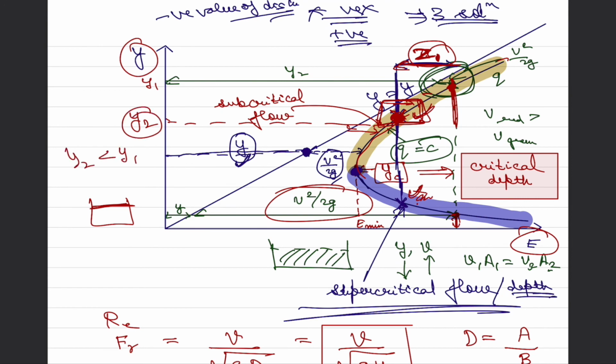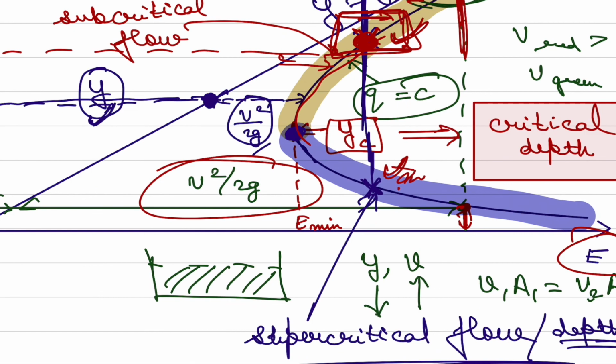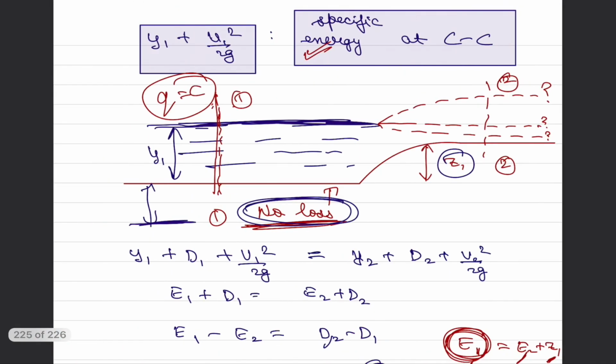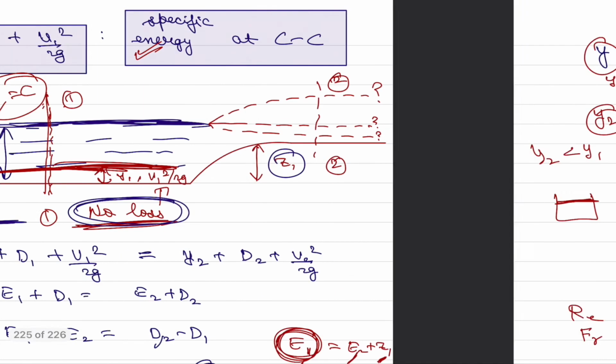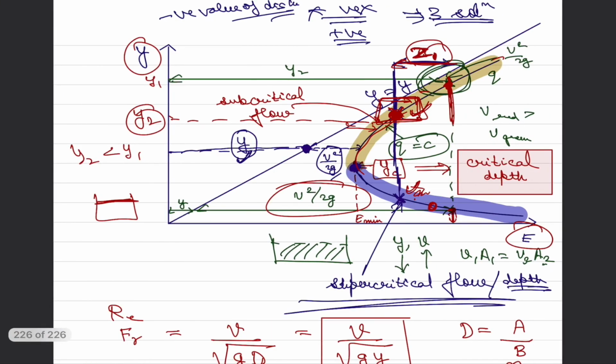where y2 is lesser than y1. On the other hand, if our flow at section 1 had been at some lower depth but at higher velocity, say our initial point was somewhere here, this was our depth of flow at section 1, and there is some change in specific energy under a no-loss condition.